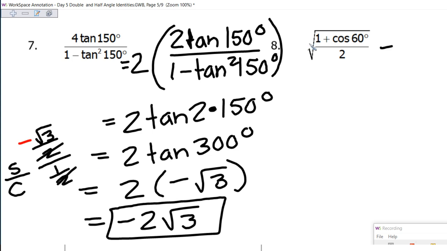So this is equal to cosine of a. What are they using? 60 degrees over 2. And 60 degrees over 2 would be 30 degrees. And that's one of the trig values we should have memorized. Cosine of 30 degrees is square root of 3 over 2.